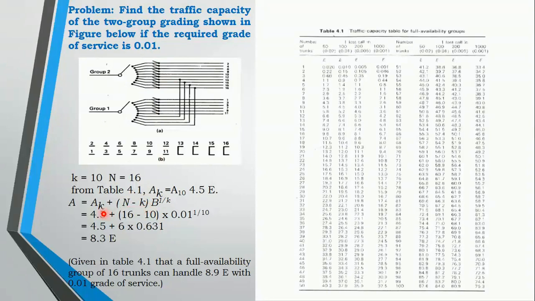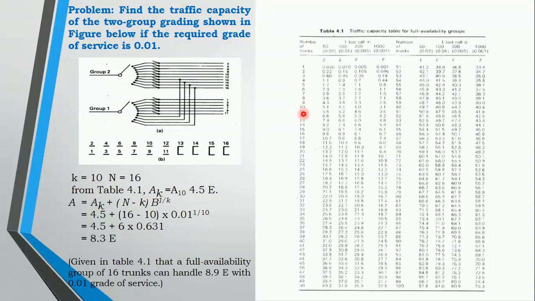First thing is you need to know Ak. How to find Ak? In telecommunication traffic we find one table called the traffic capacity table. It is table 4.1 in chapter 4 in the Flood book. So here I need to get the A10 value because your availability is 10. So this is the number of trunks. Go on observing it.